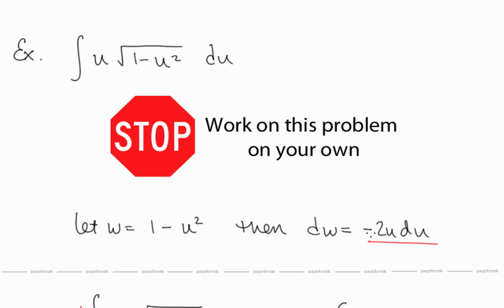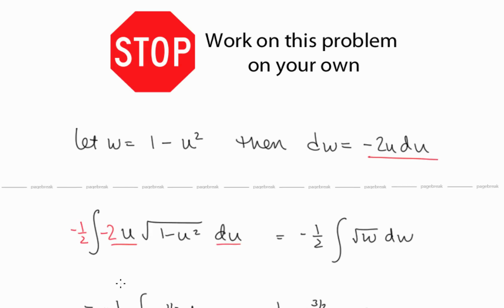We need a negative 2 in there as well. So we multiply in a negative 2 and then a negative 1/2 on the outside to compensate. And now we have a negative 2u du, and that gets replaced by dw. And here we have a radical w with a negative 1/2 on the outside.